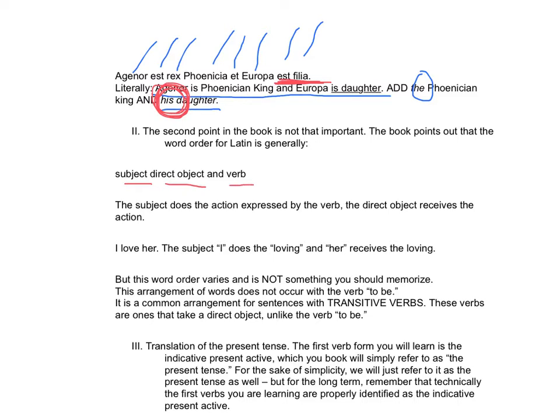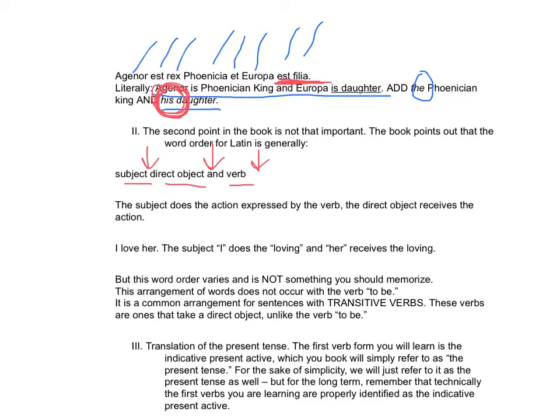The problem with this simplification is there's lots of other words that can come in between these words, so it may be confusing for you. And also, there's no rule that says that Latin has to be put into the order of subject, direct object, and verb. That is a common organization for a Latin sentence, but by no means is that the only way that you can organize those parts of speech.